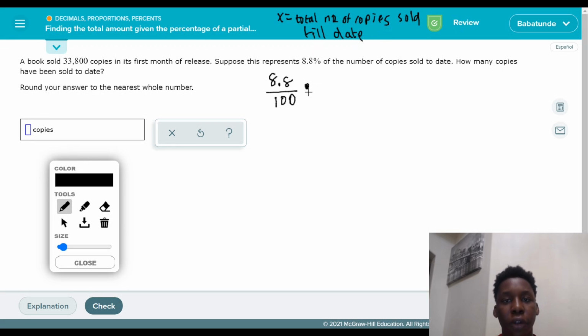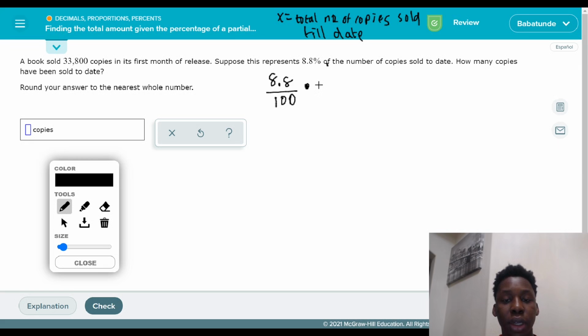Whenever I see "of" something, let's say I have 50% of 500 plates, of basically means multiplication. Whenever I see of, it's working with rates and multiplication, so I just want to multiply.